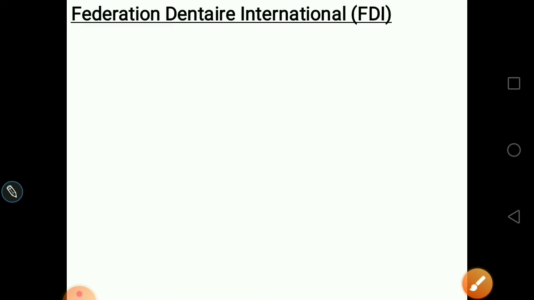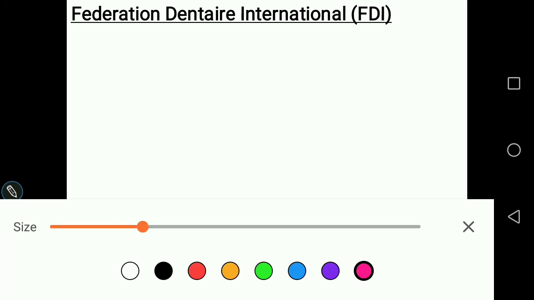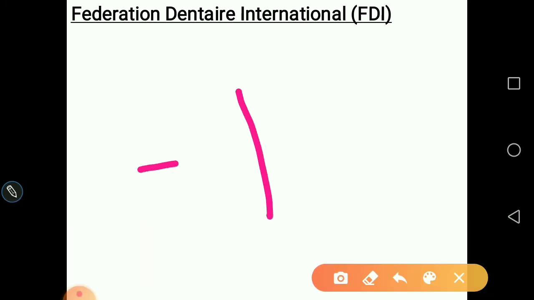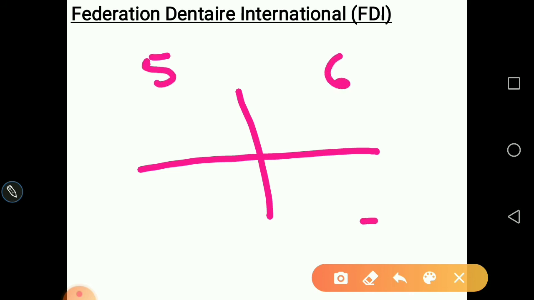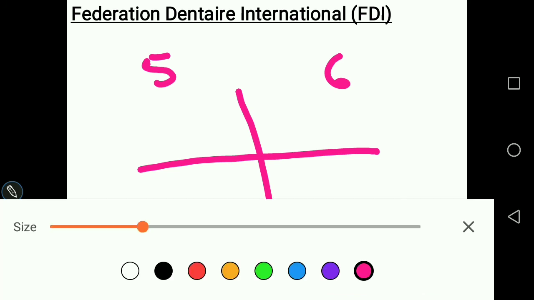Now I am talking about primary dentition. Okay, so for primary dentition we have 5, 6, 7 and 8.